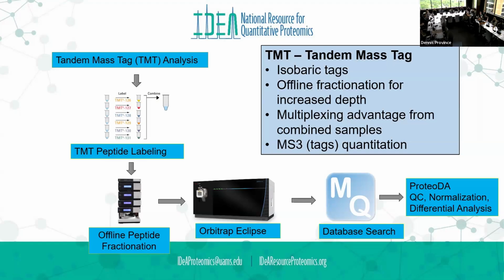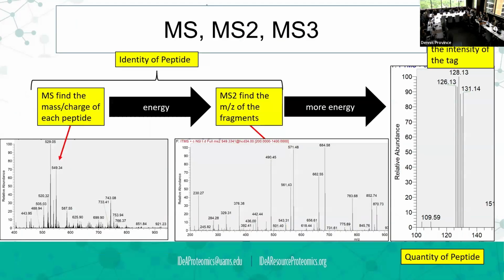Rick's going to spend more time talking about that. Phospho for DIA has come along, and we are about to the point of being able to do those projects as well. But from that data set, out of MaxQuant, we can do normalization and differential analysis like we can for all of our things.